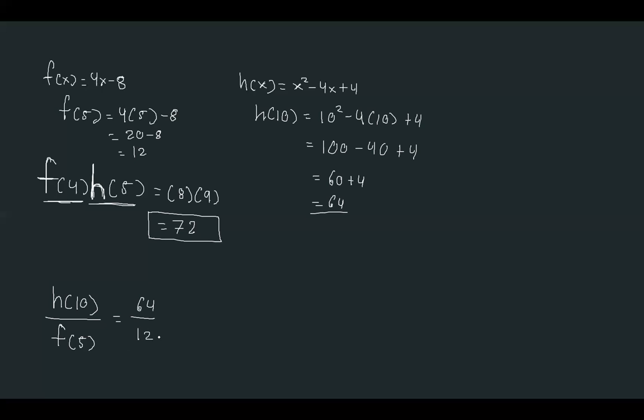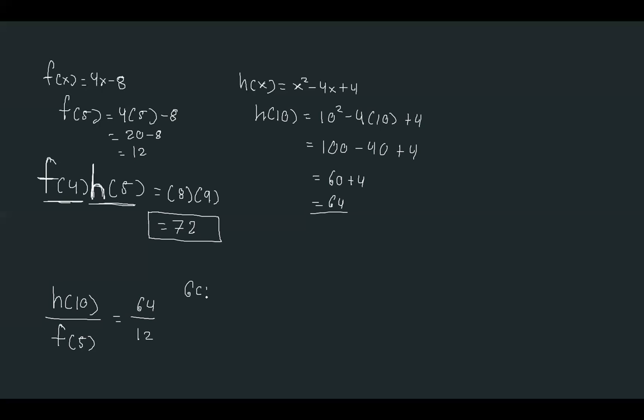That's it. So can we still simplify them? All right, this is your answer already, but can we still simplify them? The answer is yes. We can simplify it actually. Why? 64 and 12 are both divisible by 4.